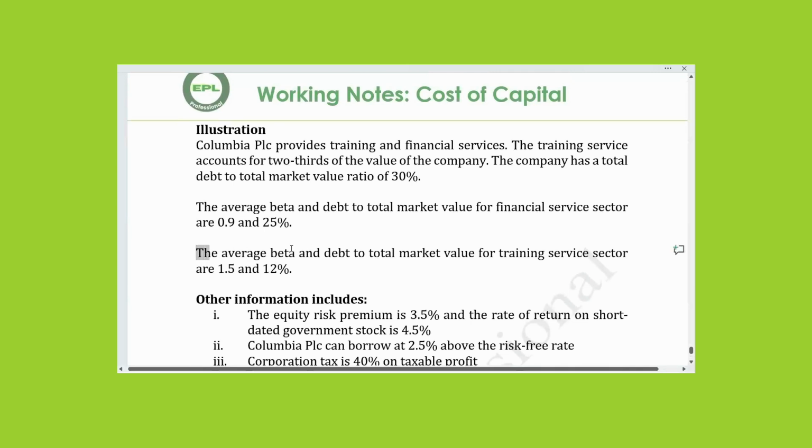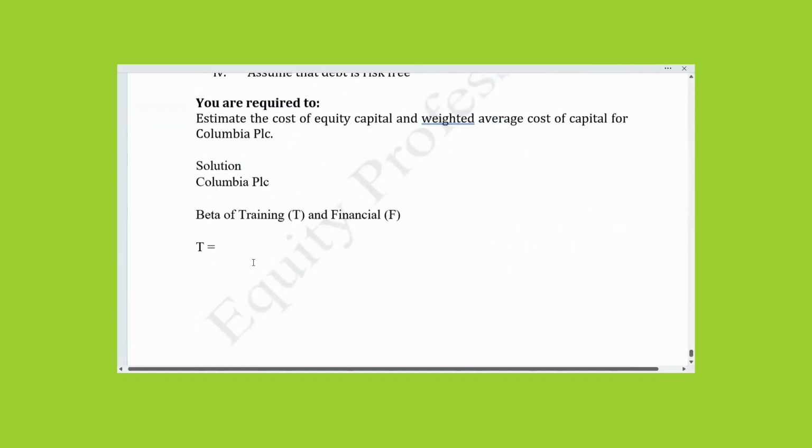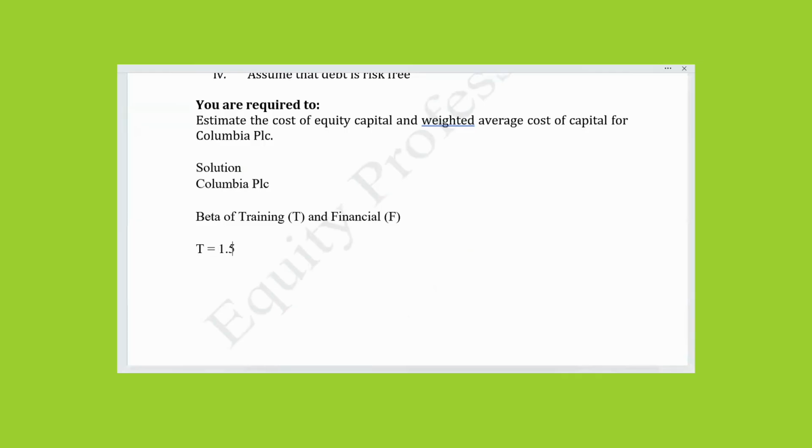According to the question, we are told the average beta and debt to total market value, which simply means debt equity proportion. So the beta of training is 1.5. Then the beta of financial service, denoted as F, is 0.9. With this, we have identified the beta of each of the activities.